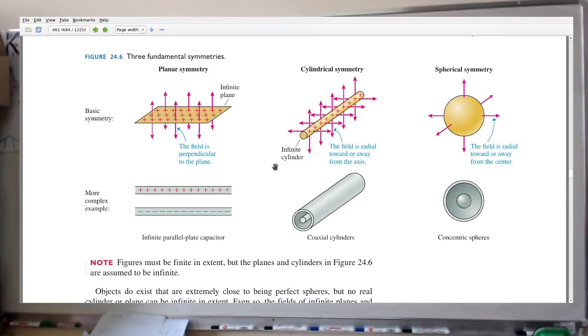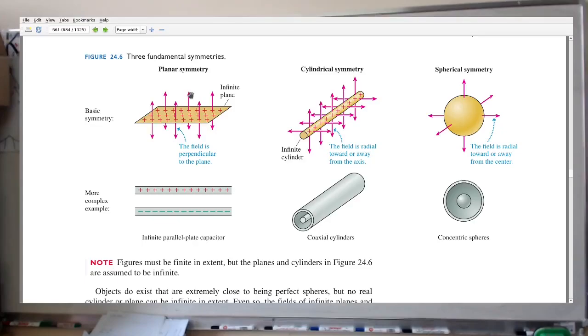I could never draw this, and this illustrates the three kinds of symmetry, or three fundamental symmetries as they put it: the planar symmetry, the cylindrical symmetry, and spherical symmetry. So these are different from the other stuff that we said: rotational symmetry, translational symmetry, and reflectional symmetry. So these include those. So planar symmetry has translational symmetry in two directions, and also has reflectional symmetry with respect to up and down. Okay?